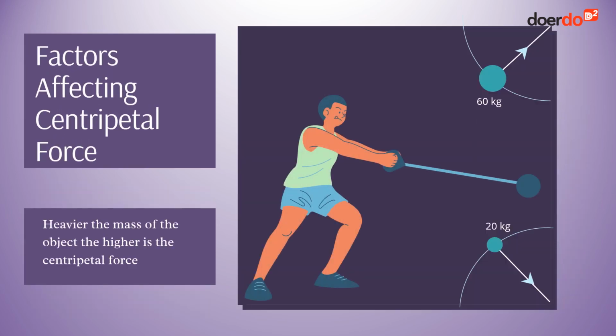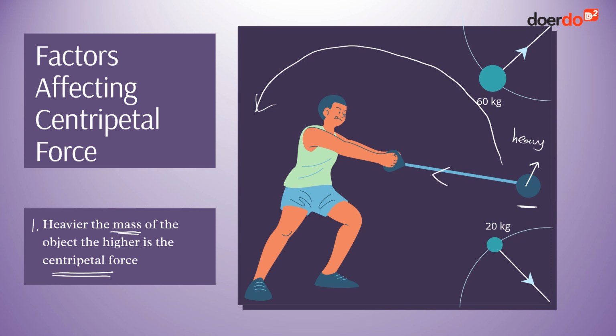So some of the factors affecting your centripetal force. First thing, the heavier the mass of the object, the higher the centripetal force. With this object over here, this person is swinging it in rounds, right? He's spinning his body and swinging this object around. If this is very heavy, then the centripetal force will be greater, because you need a greater centripetal force to hold this heavier object in.